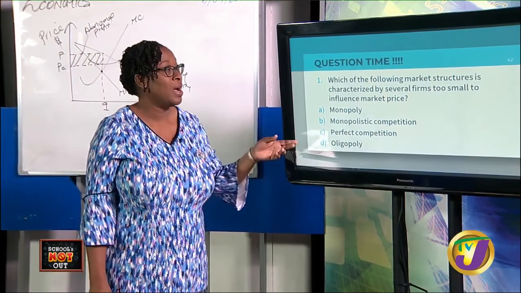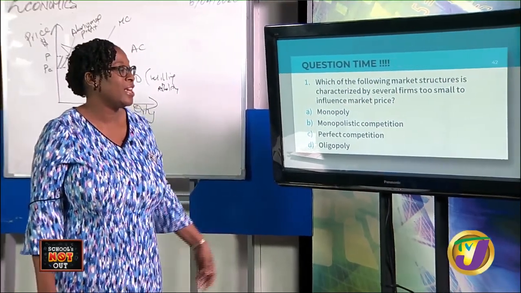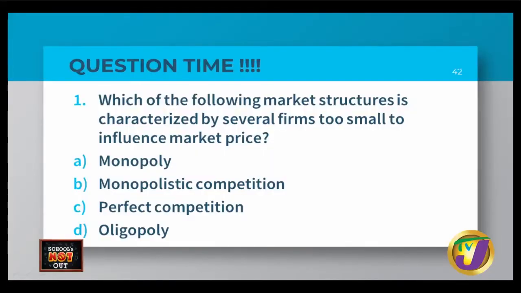And I'm sure you got the answer right. The answer there is C, perfect competition. Remember, for this competition, there are several small firms too small to make any form of impact on market price. They are referred to, that's correct, as price takers.